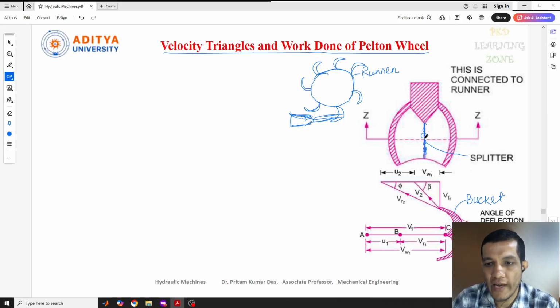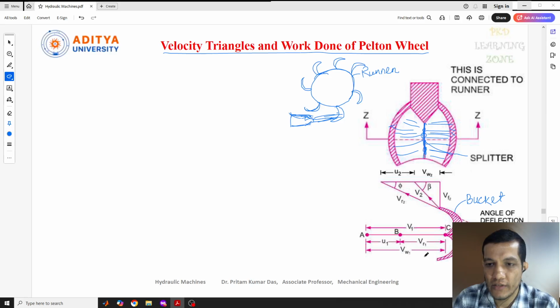Once it strikes this, the water starts coming out. This is the inlet of the bucket, and when the water strikes it, it follows the surface of the bucket and comes out from this point.